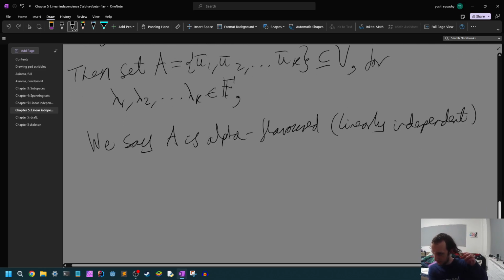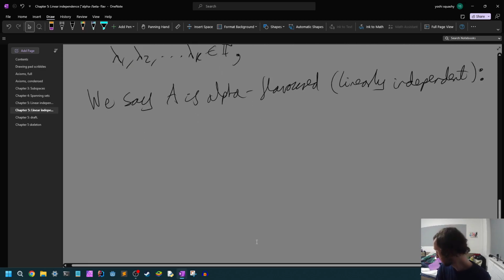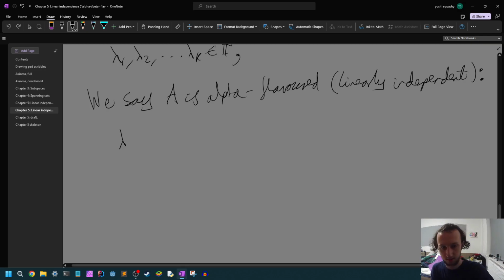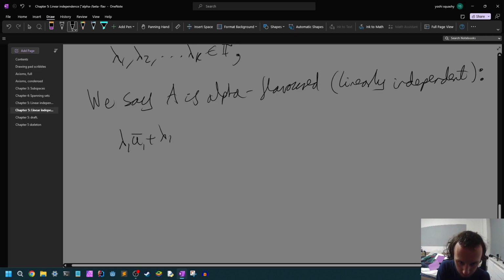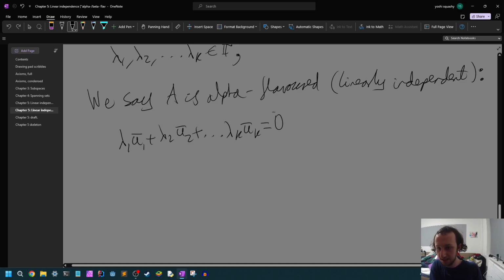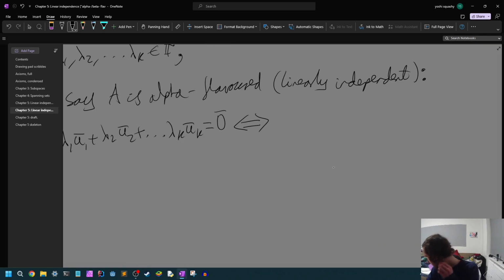And then we're going to have a bit of logic here to define when we say it's alpha flavored. We're going to define it logically using our scalars: we have lambda 1 u1 plus lambda 2 u2 plus up to lambda k uk, and we're going to have this equal to 0. Now when is this equal to 0? We're going to say if and only if, wait, I should make sure I get this right.